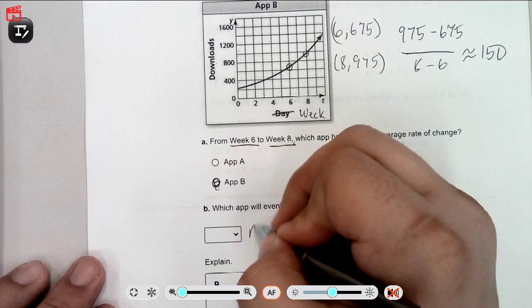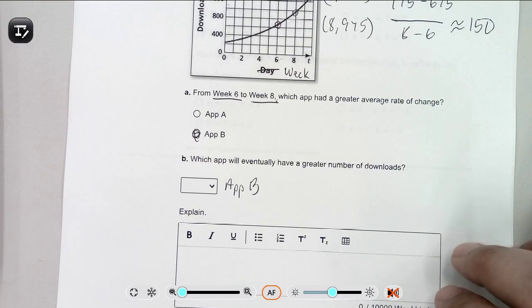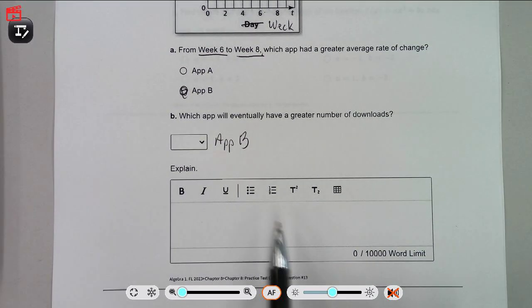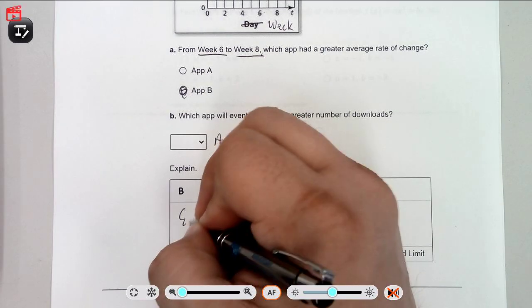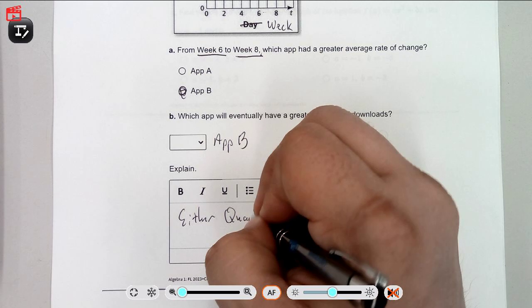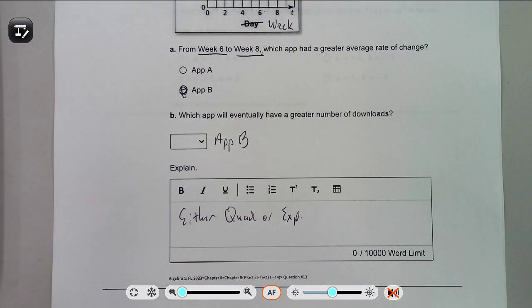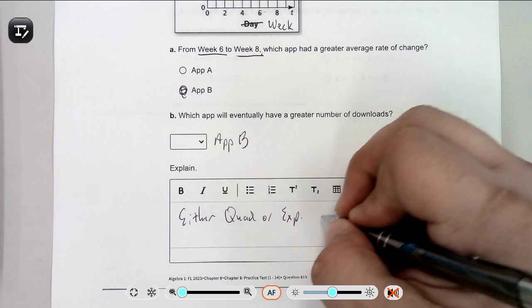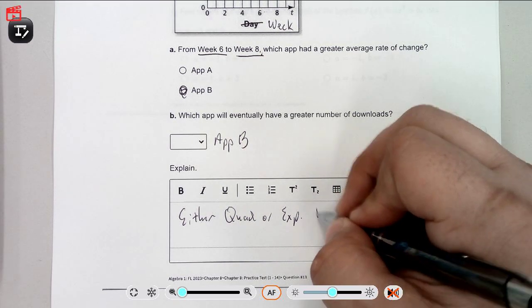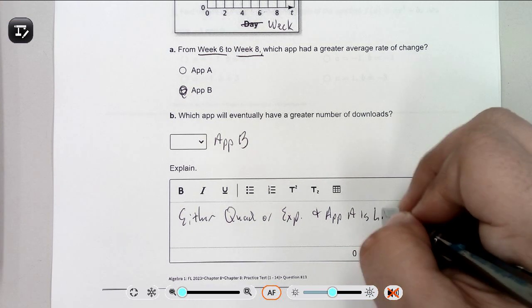So app B will have the greater number of downloads. And the explanation is because it's either quadratic or exponential. You don't actually have to tell which one's which because the other one is linear, and app A is linear.